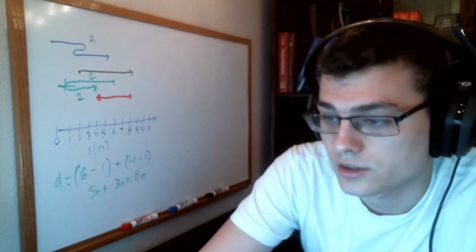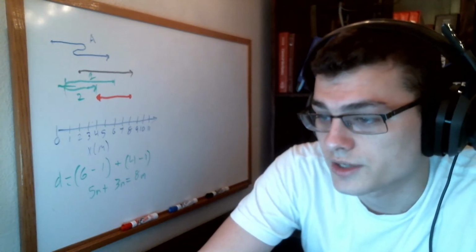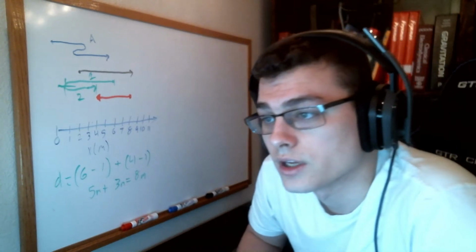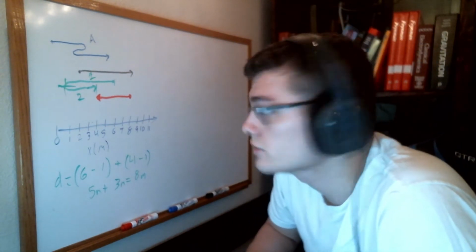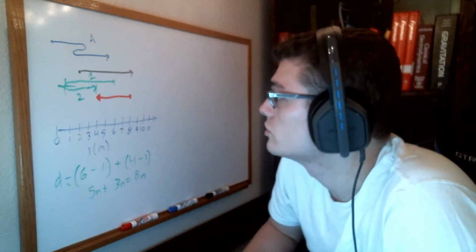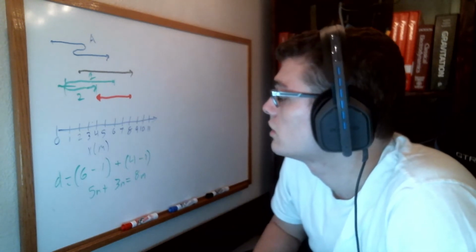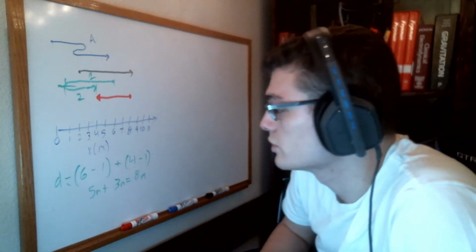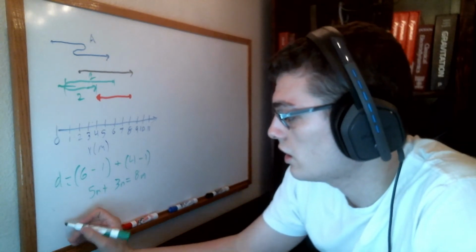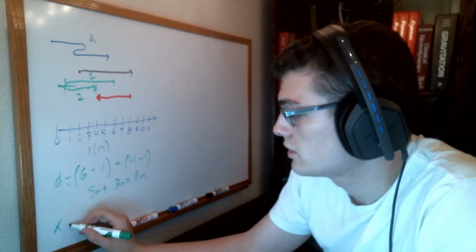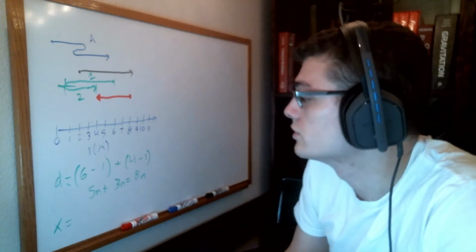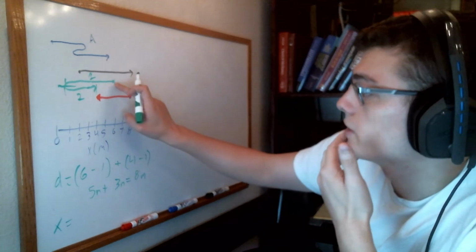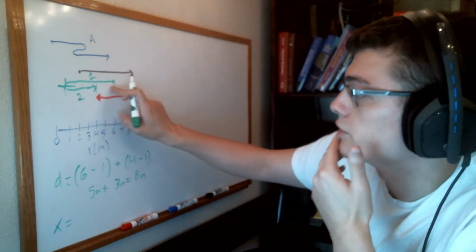So next part of the problem is going to ask us about the magnitude of the displacement from start to finish in meters. So for the green one again, we can do this real quick, and we can just say that x is going to be equal to, well, we just have to take it from our finishing point to our starting point.